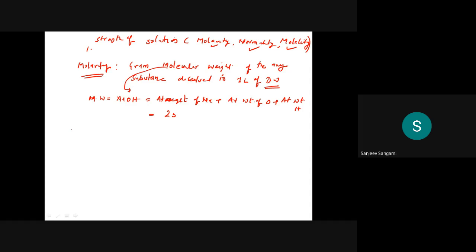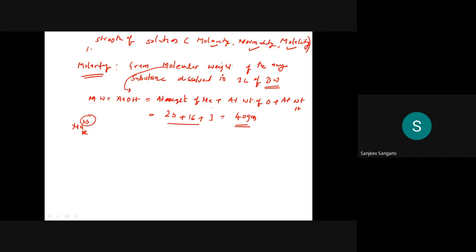I already told that in the periodic table, at the top they will write the atomic mass, and here it will be the atomic number. This you have to consider. So 23 plus the atomic weight of oxygen, 16, plus the atomic weight of hydrogen, 1, so it will be 40 grams. I already said the molecular weight will always be gram molecular weight.